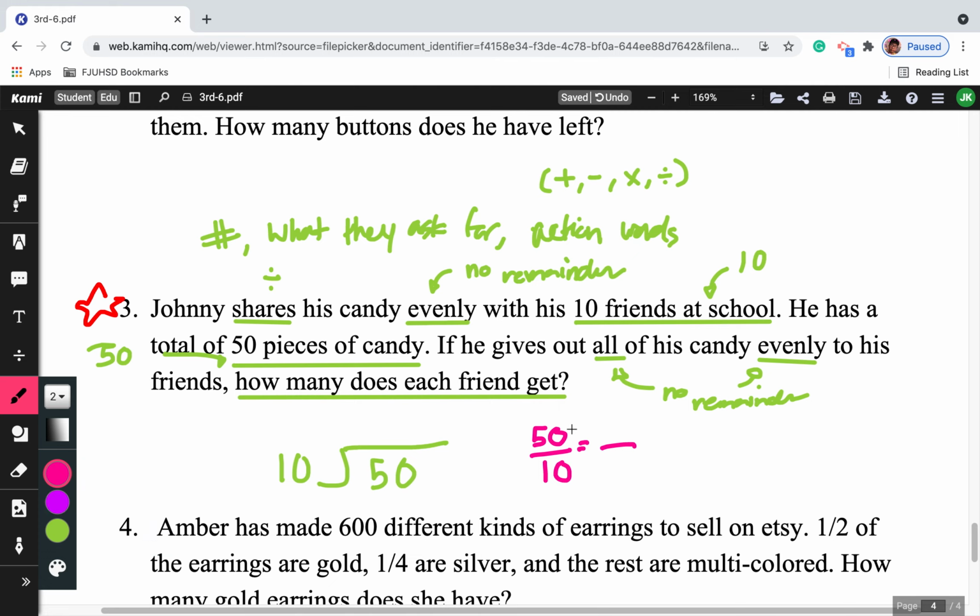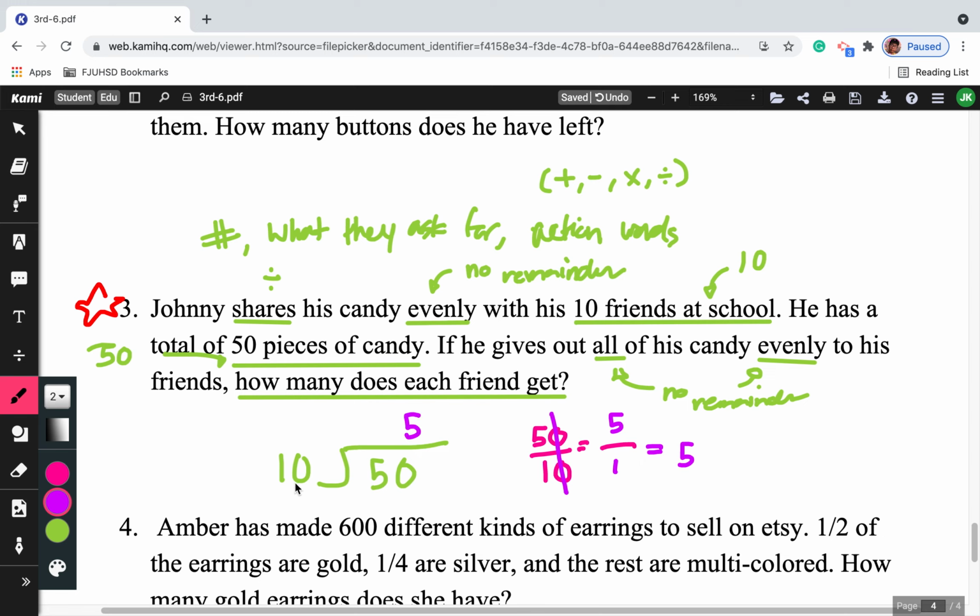Since they both have 0 here, then you could get rid of them, which will lead to 5 over 1, which is 5. This splitting 0 thing only works if both of them have the same amount of zeros. So the answer is 5.